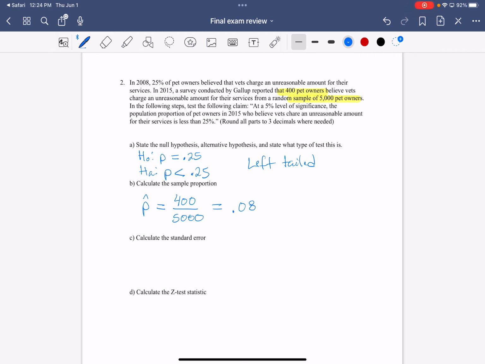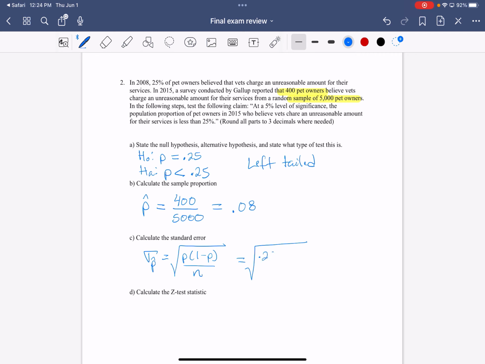Next, we can calculate the standard error. Again, I'm still working off the very first formula sheet. Under hypothesis testing, we are given that the standard error is equal to the square root of P times 1 minus P all over N, where P we stated in our null hypothesis is 0.25.